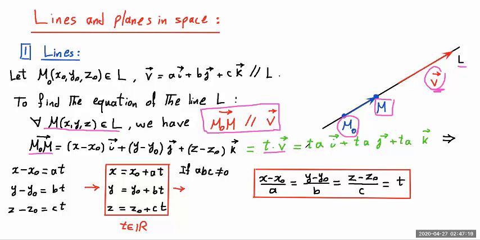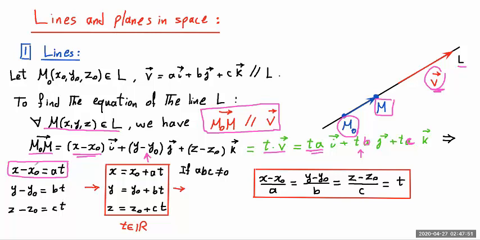But t times the vector V is ta times i plus tb times j plus tc times k. So now we have x minus x0 equals ta, y minus y0 equals tb, and z minus z0 equals tc.